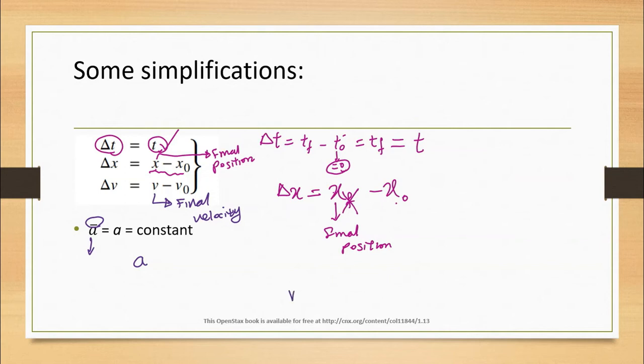But for velocity, we write the bar: v bar is average velocity. If there is no bar, that will be final velocity. And v sub 0 is initial velocity.